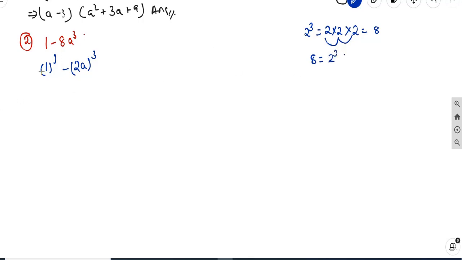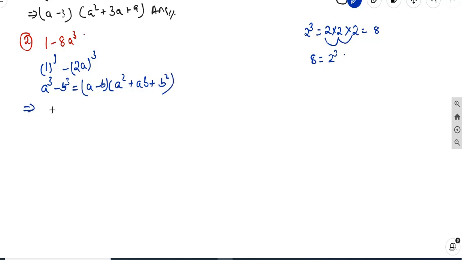Now this is using the identity a cube minus b cube. So this is equal to a minus b, open the bracket. Write down the formula; however many times you write down the formula, it will be very helpful for you. a square plus ab plus b square.